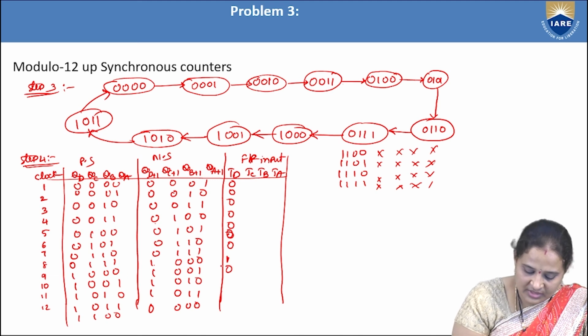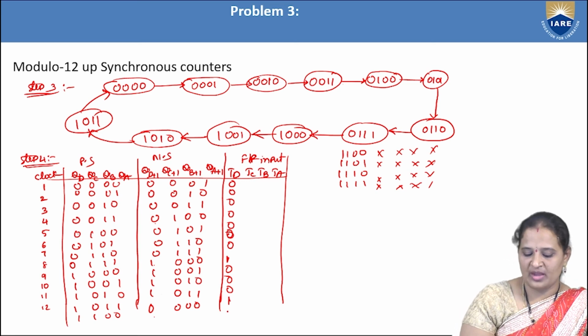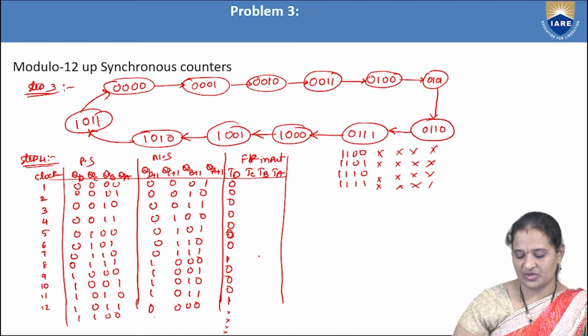So for the remaining states, we need to consider them as don't cares. Similarly, we have to write down the equations for all these.